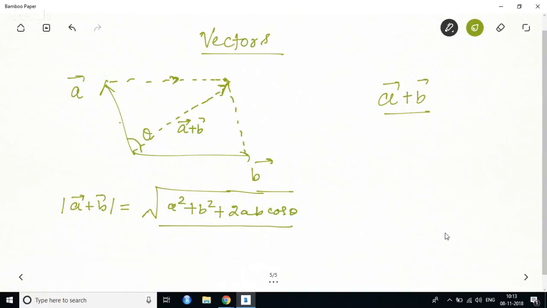Or let me do one thing. Let me prove this formula for you on the next page. Look here, I'm doing it on the next page.